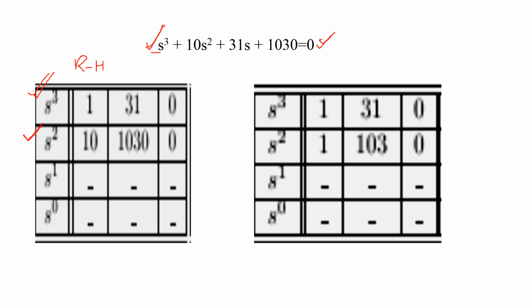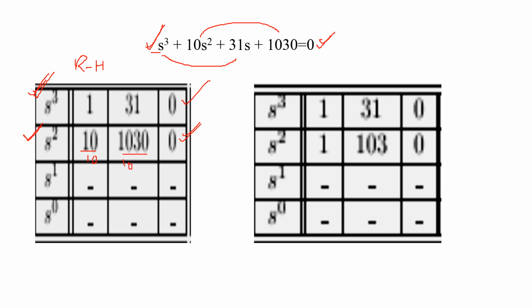These two rows' elements are from the characteristic equation. The first row is s cube, so the coefficients of s cube and s power 1 are the elements of the first row, and the coefficients of s square and s power 0 are the second row elements. For simplification, divide this row's elements by 10, that is 10 by 10 and 1030 by 10.